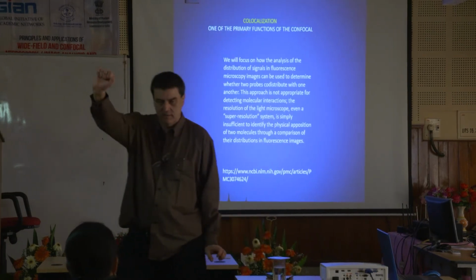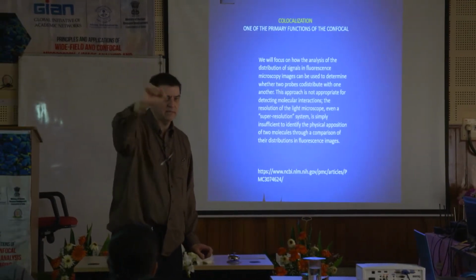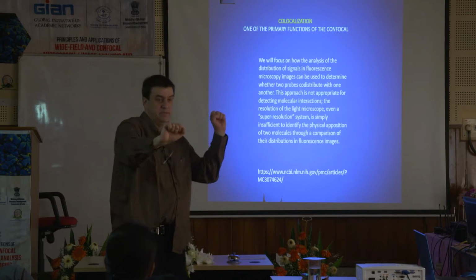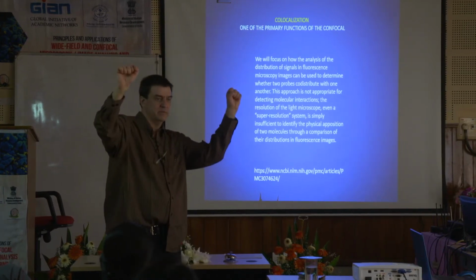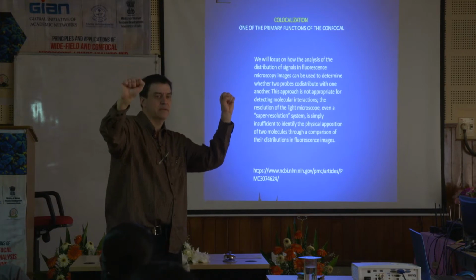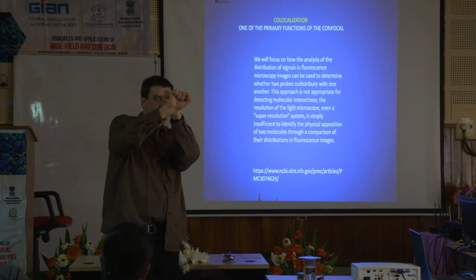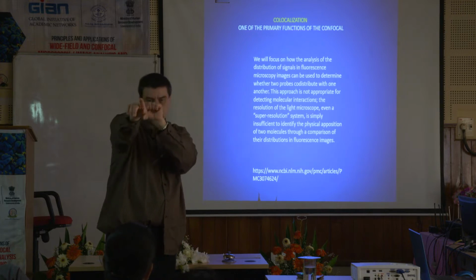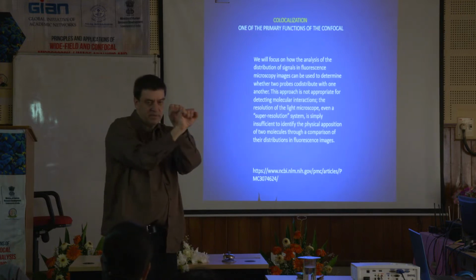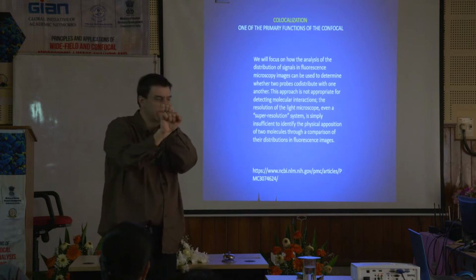The reason being, again, I think I did this yesterday, but to reiterate the point, I have protein A here and protein B. Obviously here they're not co-localized. Protein A is over here, protein B is over here. But on a wide field microscope, looking at it from where you're sitting, here's protein A, here's protein B, and my gosh, it looks like they're in the exact same place.